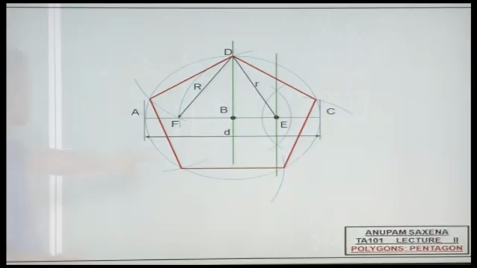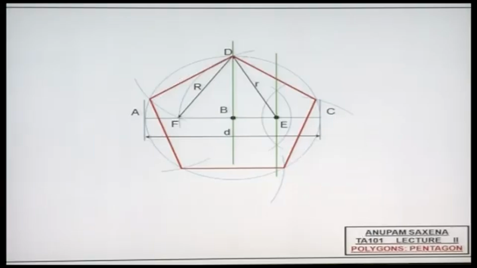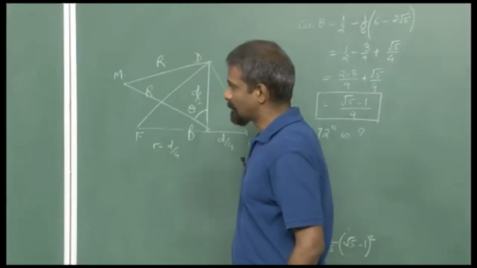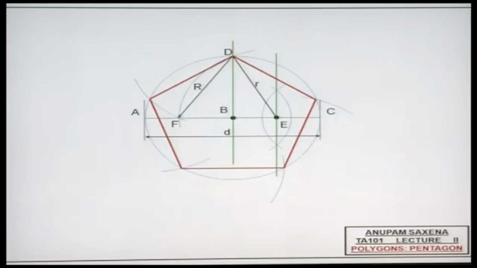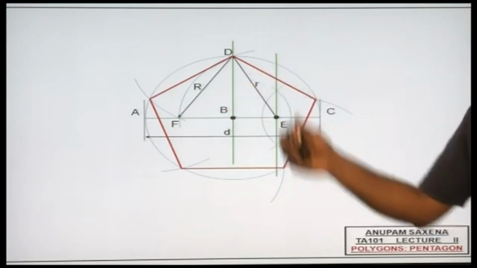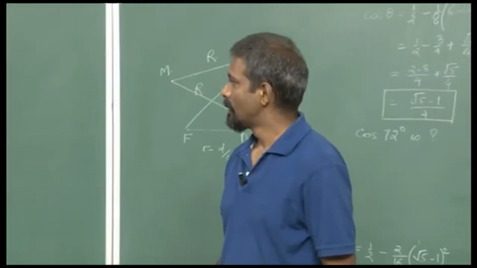So once we ensure this, it becomes a little easier for us to construct a pentagon, again through geometry. So this was the algebra just to support the construction of the pentagon, but you would have realized that we did not actually need this algebra in construction of the pentagon. Anyway, so let's move forward.